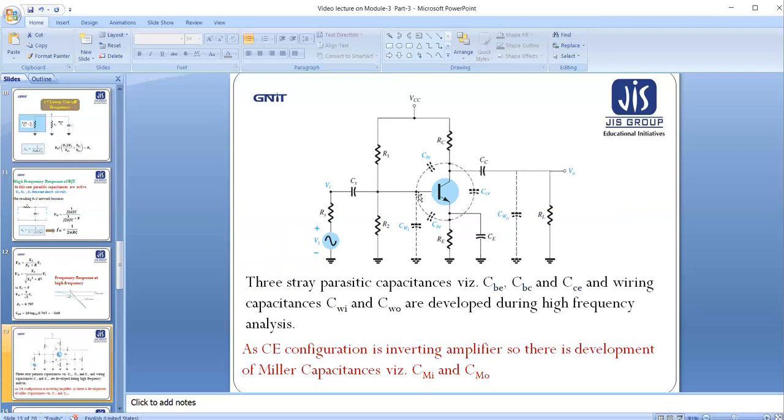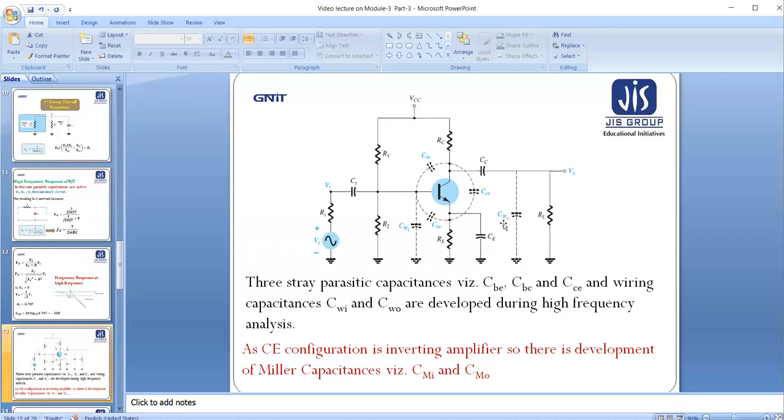Across the base to ground, there is a capacitor CWi. From base to emitter, there is another capacitor CBE. From base to collector, there is a capacitor CBC. From collector to emitter, another capacitor CCE. And from load to the ground, there is another capacitor CWo.